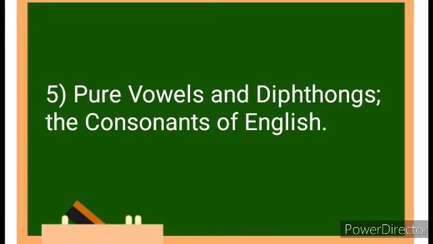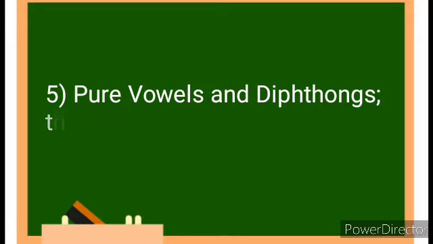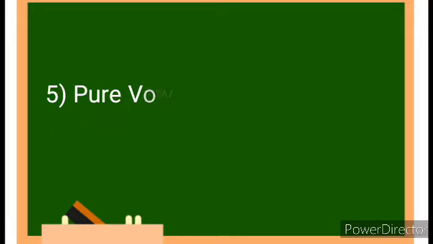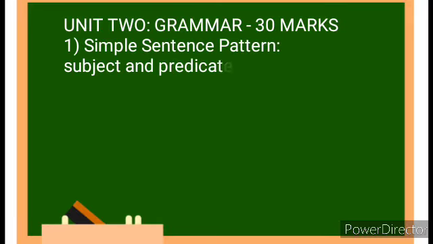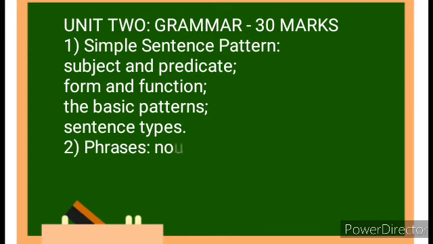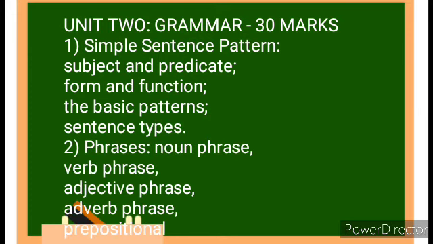Dear students, I would like to mention one thing here. The paper of phonetics, if studied properly and regularly, is the easiest one to understand, and I am sure that you will be able to score full marks in this paper. Now we come to the Unit 2 of this paper.